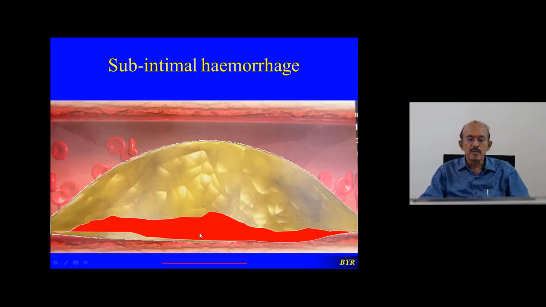Whenever there is subintimal hemorrhage, because there is sudden lifting of the plaque, it will be lifted up and cause complete occlusion. So in atheromatous plaque, there will be chronic vascular occlusion. Sometimes it may be precipitated as acute obstruction when a thrombus forms over it, or when there is subintimal hemorrhage through a crack or a fissure in the intimal plaque.